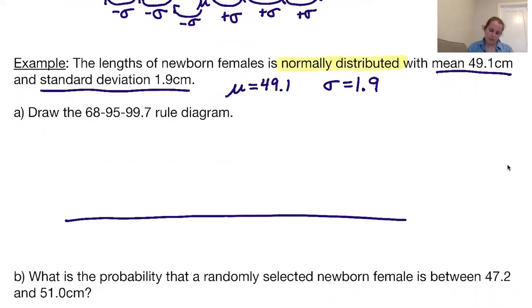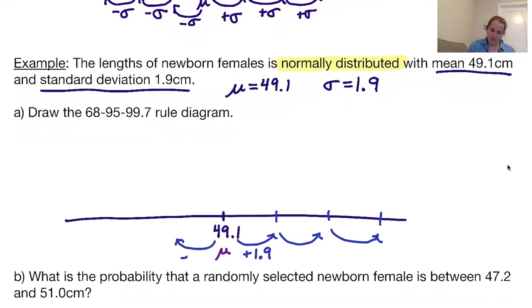So we're going to put our mean in the center. This is 49.1. So again, this is our mu. Then from here, we should go up by copies of our standard deviation. So we'll go up by 1.9, again, and again. We also should go down by copies of our standard deviation.